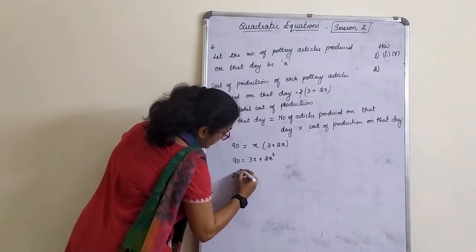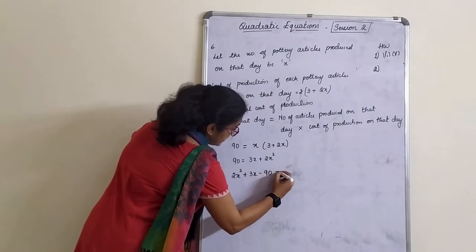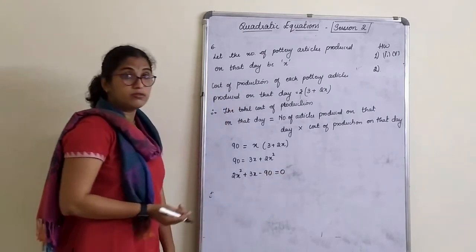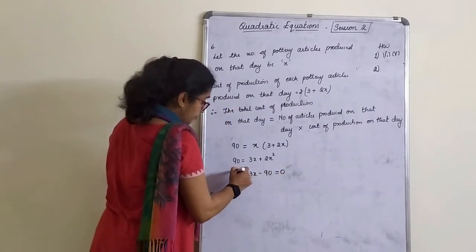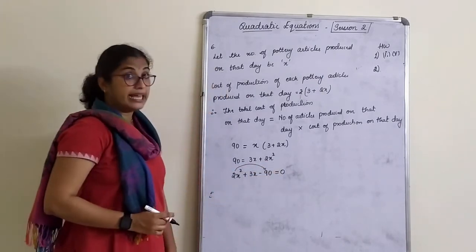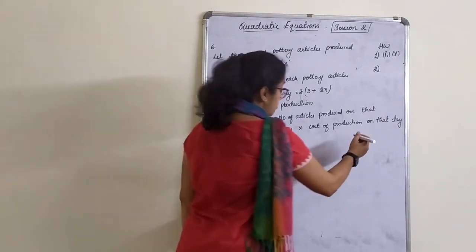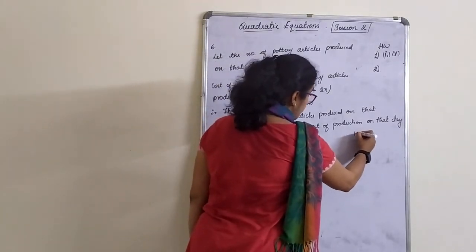So 2x square plus 3x minus 90 is equal to 0. Now this is the equation. So when I multiply the first and last term, what do I get? I get 180, or 2 into 90. So we have to get the factors for that.